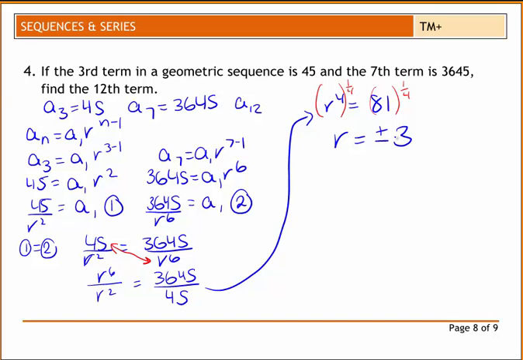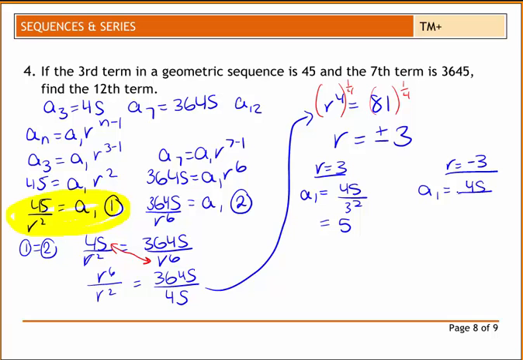So I've got two answers: when r is 3 and r is negative 3. I'm going to sub back into equation 1. So a1 is going to be 45 over 3 squared, 45 over 9, which is 5. Here, a1 is going to be 45 over negative 3 all squared, which again is 5.